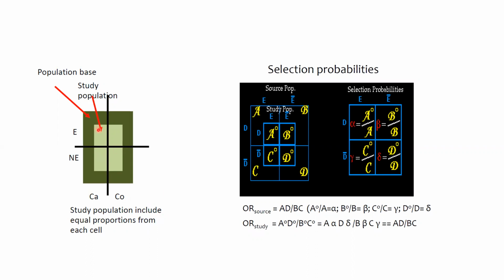It doesn't mean I will have the same number, but I'm talking about the probability of selection. The probability of selecting my participants from each cell should be the same to reflect the real distribution in my target population. Is that clear? So if I have 20% of smokers with lung cancer, I should have the same percentage in my study sample.